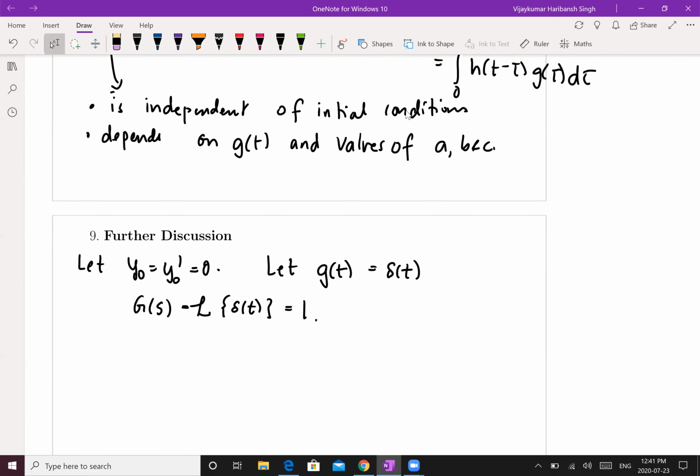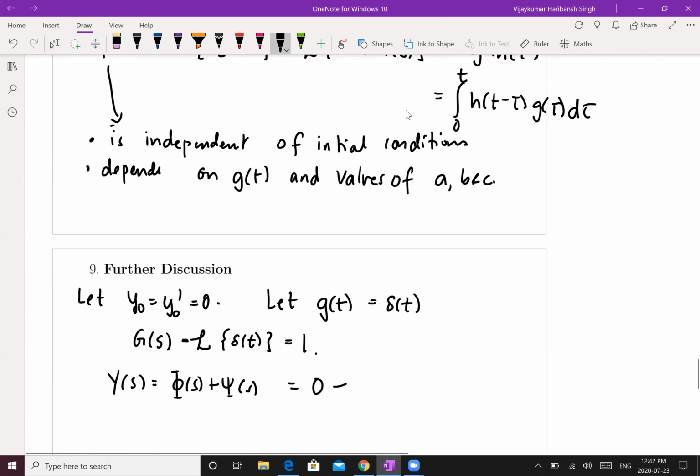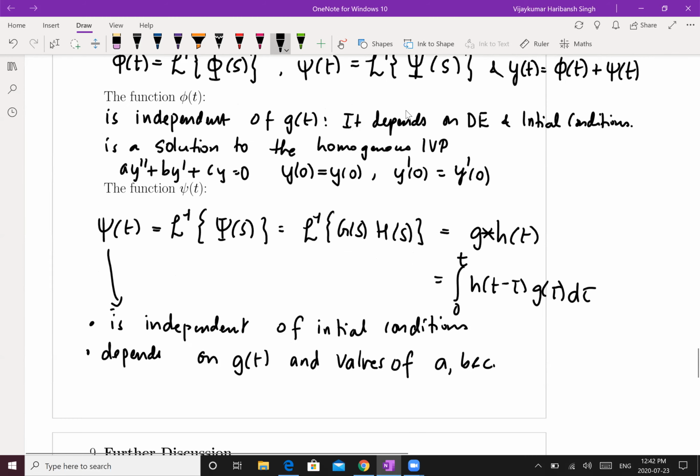So in that case, what do we get? We get y of s is phi of s plus psi of s. Using the notation from above, phi is going to be 0. Why is phi 0?